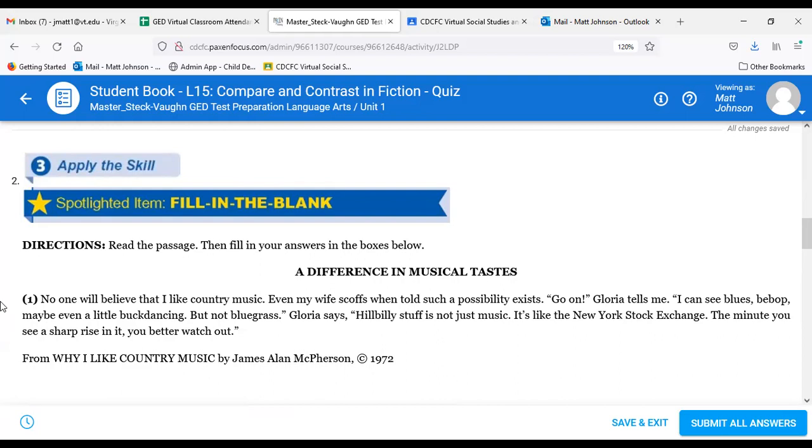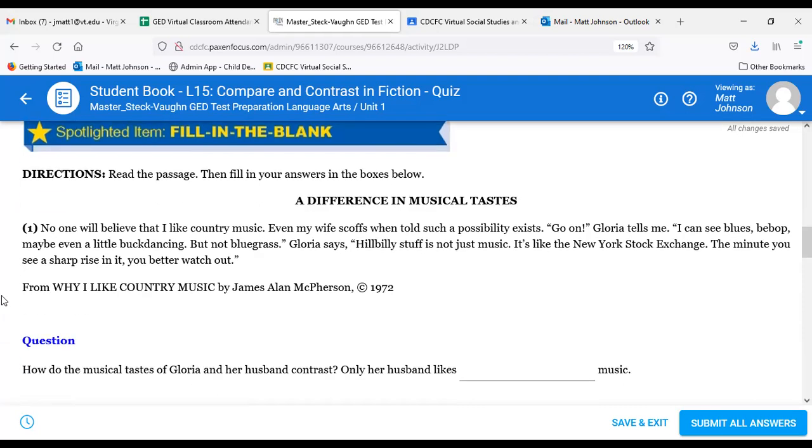I can see blues, bebop, maybe even a little buck dancing, but not bluegrass, Gloria says. Hillbilly stuff is not just music. It's like the New York Stock Exchange. The minute you see a sharp rise in it, you better watch out. Okay. Why I like country music.